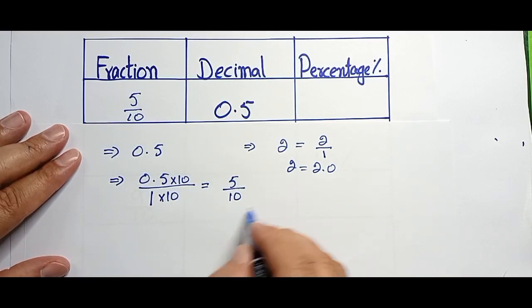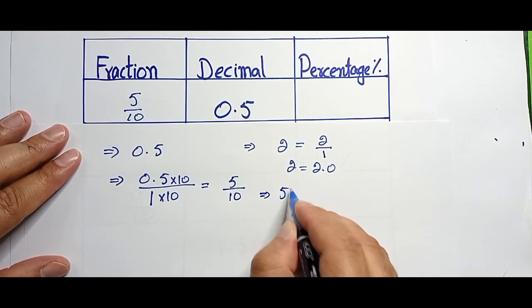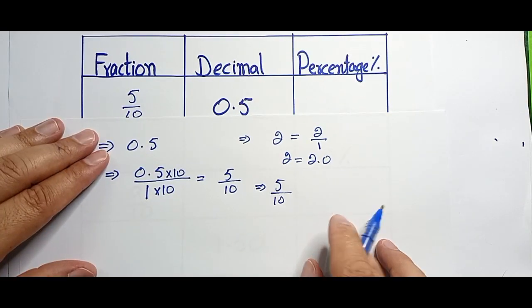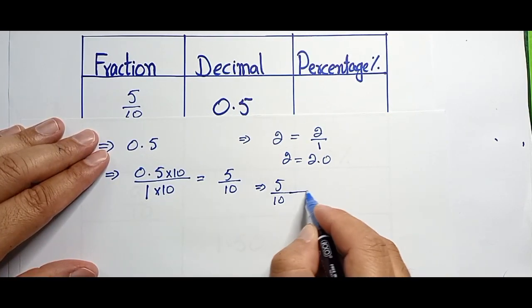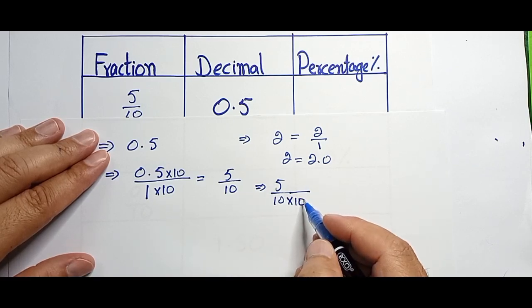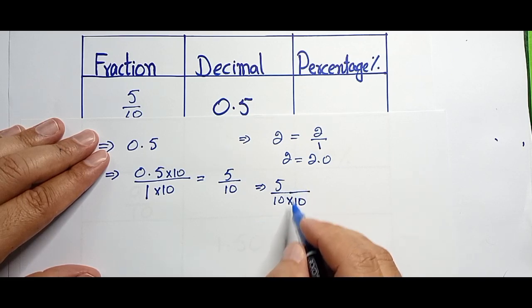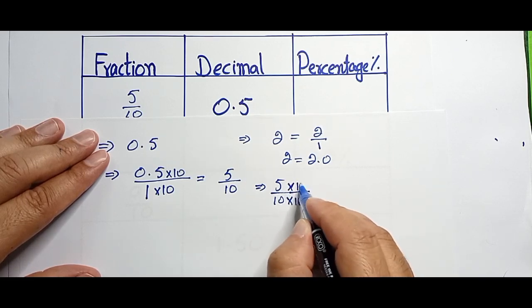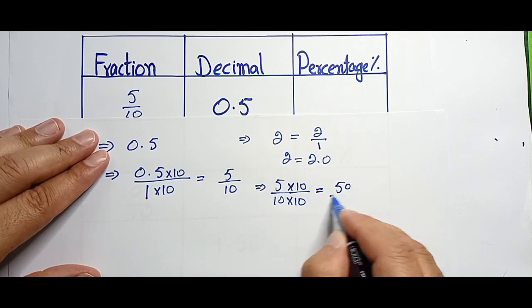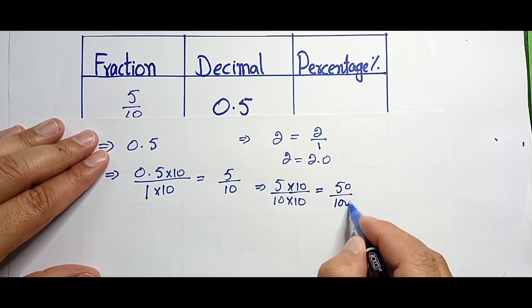Now this 5/10, I have to make it a percentage. How am I going to do it? I will make the denominator 100. You know that percentage has the denominator 100. For that reason I have to multiply also the numerator with 10, so it will become 50 and the denominator will become 100.